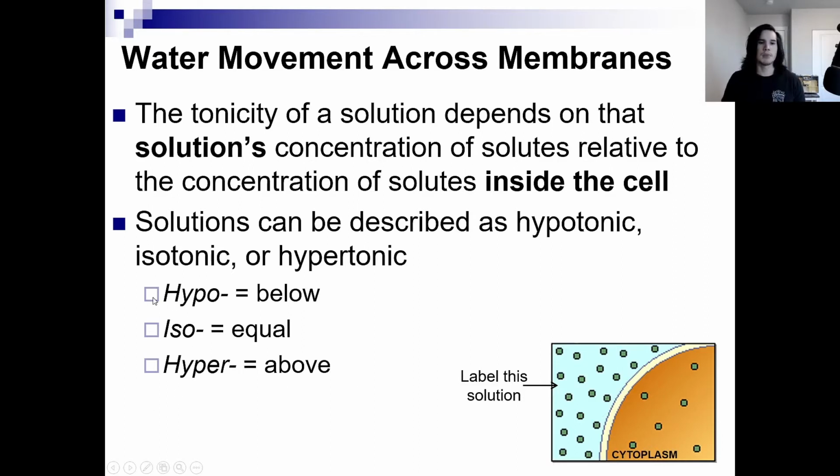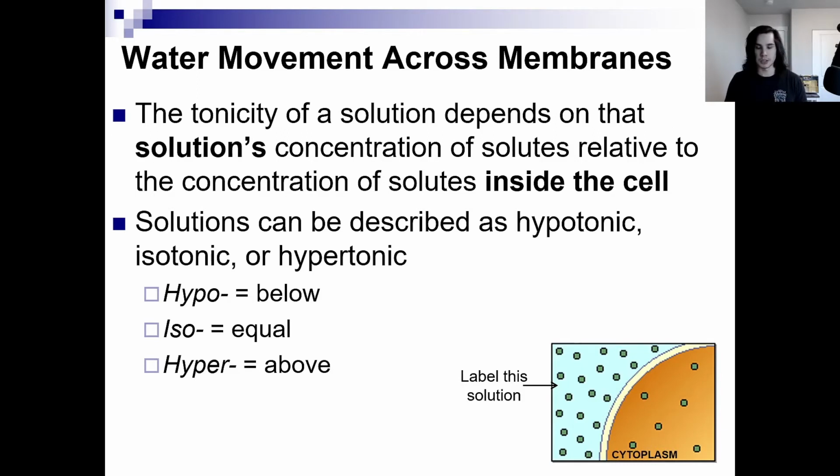So hypo, to break down hypo, it actually just means below or lower than. So if your solution is hypotonic, that would mean that the solute concentration, I forgot to mention, your tonicity refers to the solute concentration, so the amount of stuff that's dissolved in the solution.